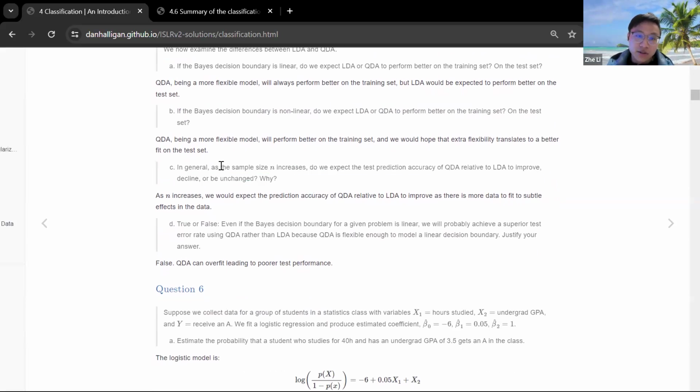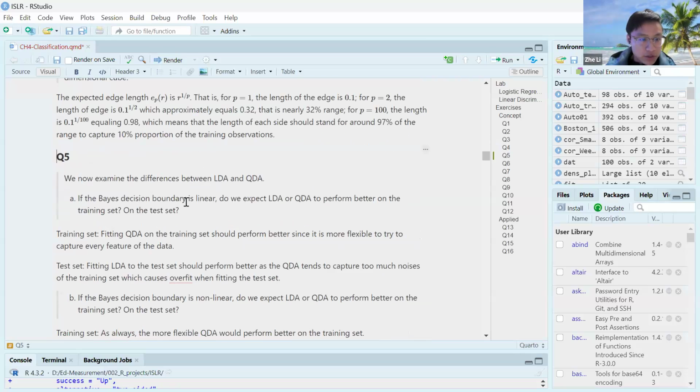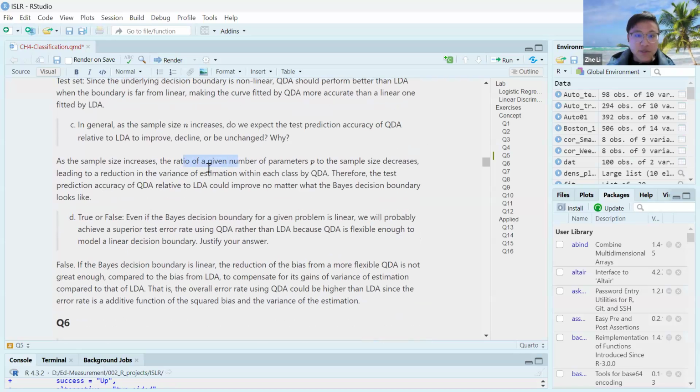But in general, as the sample size n increases, do we expect the test prediction accuracy of the QDA relative to the LDA to improve, decline, or stay the same? As the sample size increases, we would expect the prediction accuracy of the QDA to improve, as there is more data to capture the subtle effects in the data, which means that the ratio of the number of parameters to the sample size decreases.